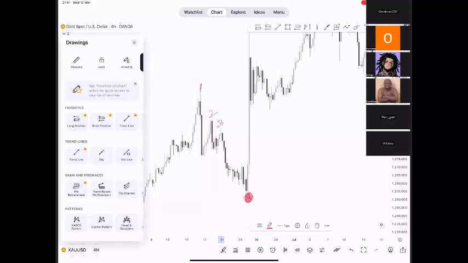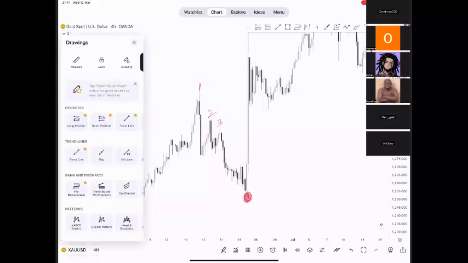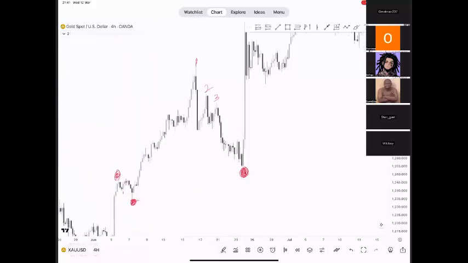So when you're now mapping out a structure, you ask yourself, here is my valid higher high. Your valid higher high is the highest point before the new low. If you look at these 3 highs, you have 1, 2, and 3.